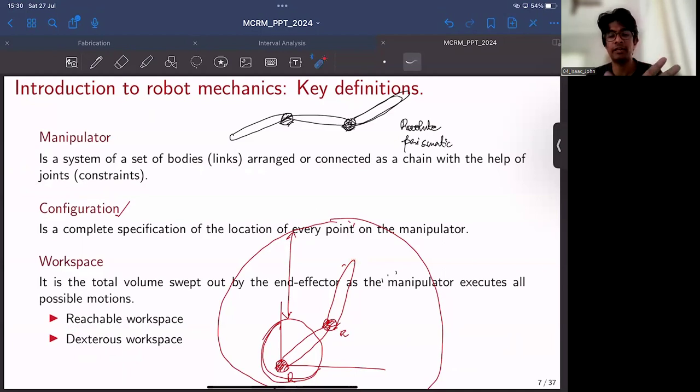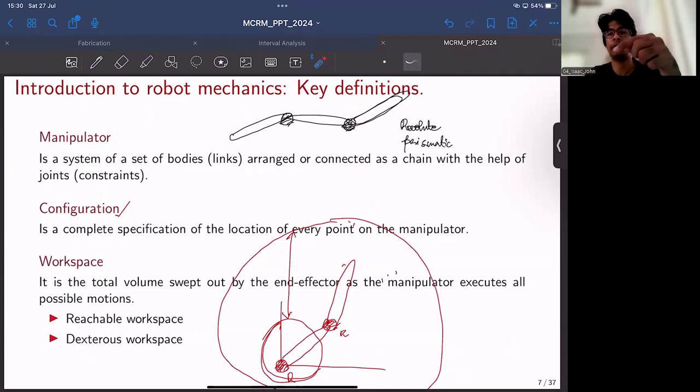Not only do you have to reach that point, you also have to achieve that point with any arbitrary orientation. Like for example, if you consider your own hand, try to fully extend your arm, and imagine a point where you can reach by fully extending your arm. You can only reach that specific point by a single orientation. You cannot achieve that point with any orientation because your hand is fully stretched.